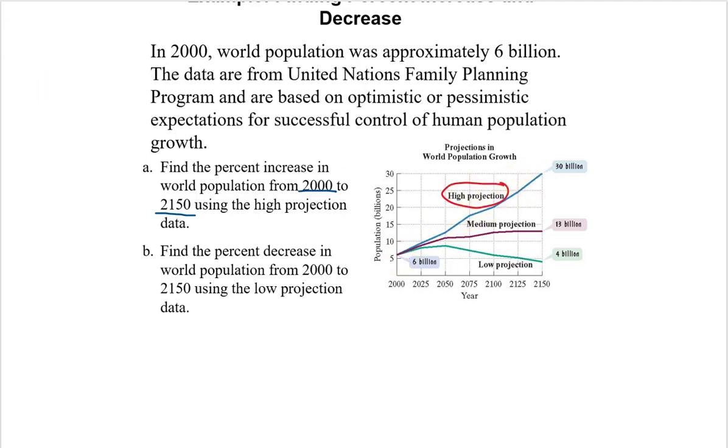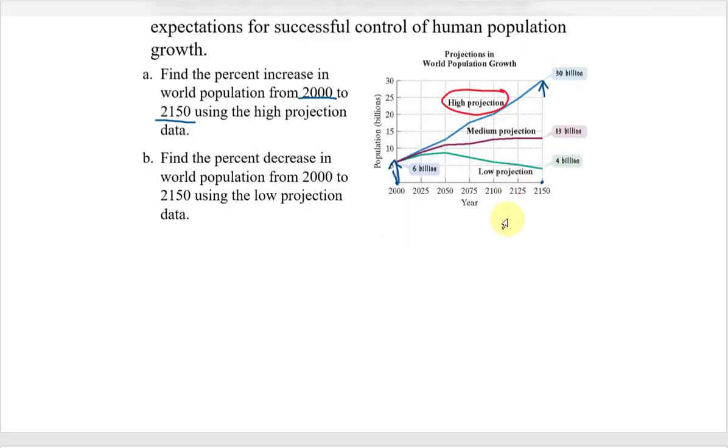We are looking for the percent increase from the year 2000 to 2150. At the year 2000, we have 6 billion, and at the year 2150, we have 30 billion. So how do I find the percent increase from 6 to 30?